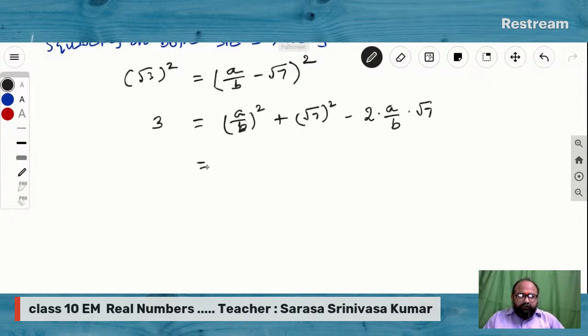This is equal to a square by b square plus 7 minus 2 root 7 a by b. This is 3 equal to.